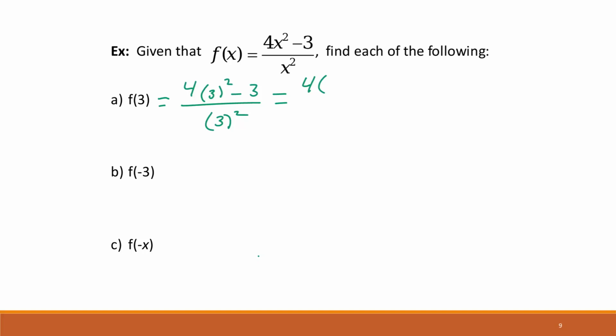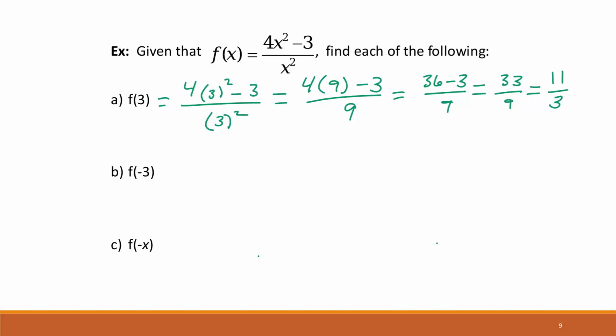So 3 squared would be 9. And so when we continue this problem, 4 times 9 would give us 36. And then 36 minus 3 would give us 33. And then we could reduce to give us 11 over 3 as our final answer.